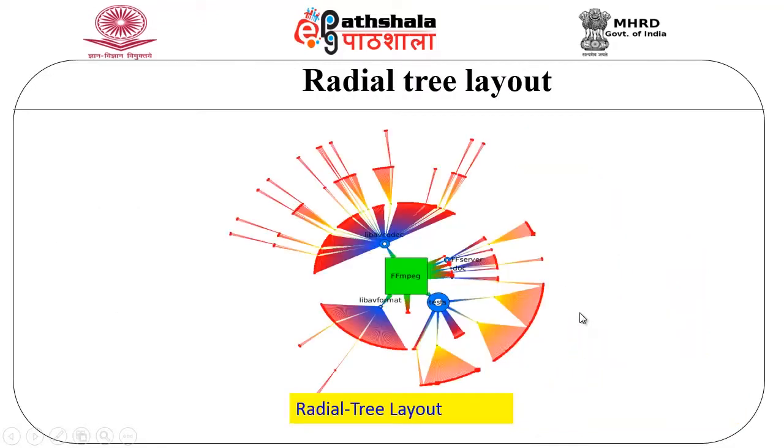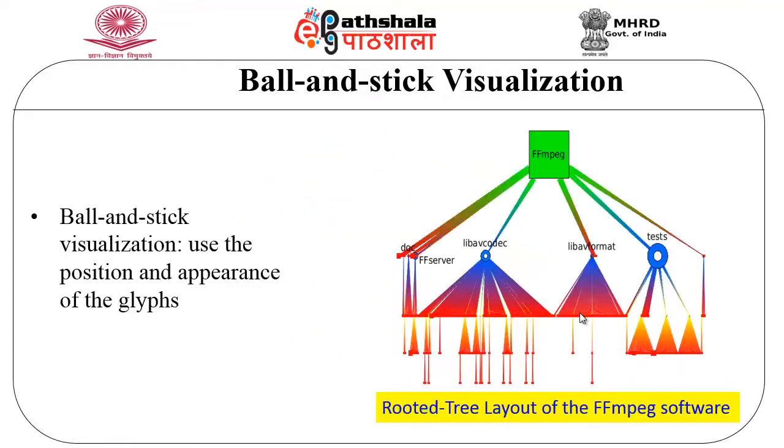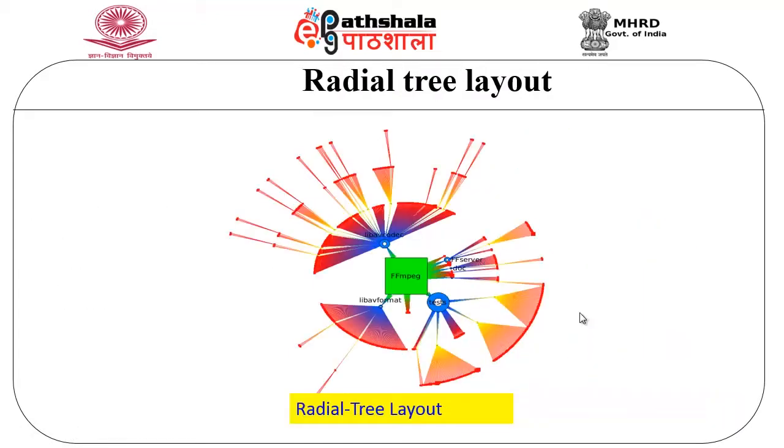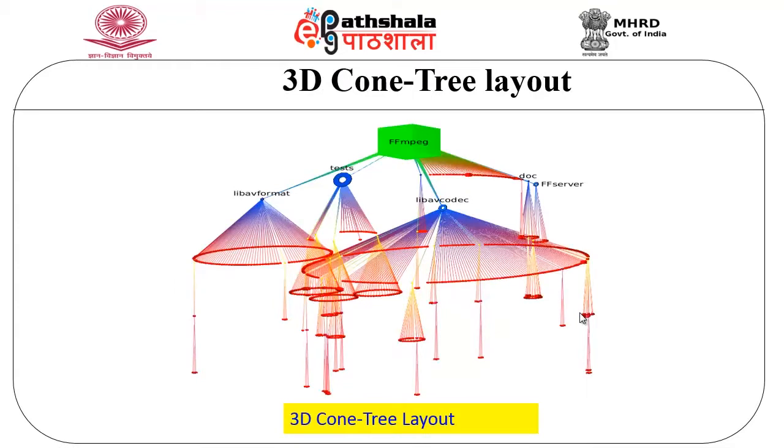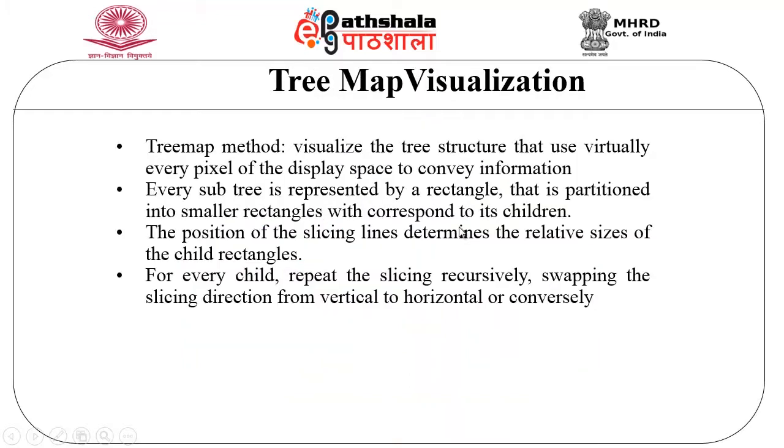This is a radial tree layout of the MPEG software. This is a ball and stick visualization. This is a radial tree layout. This is a bubble tree layout of the same MPEG software. This is a 3D cone tree layout of the same MPEG software. Here we can see the various layers represented as different cones with various radii.